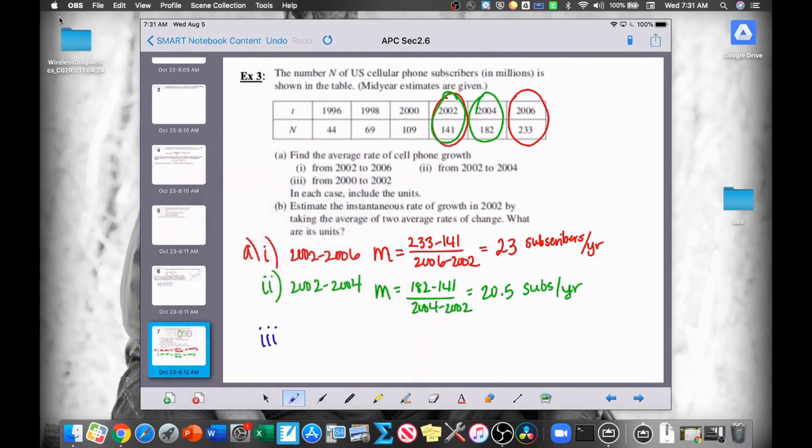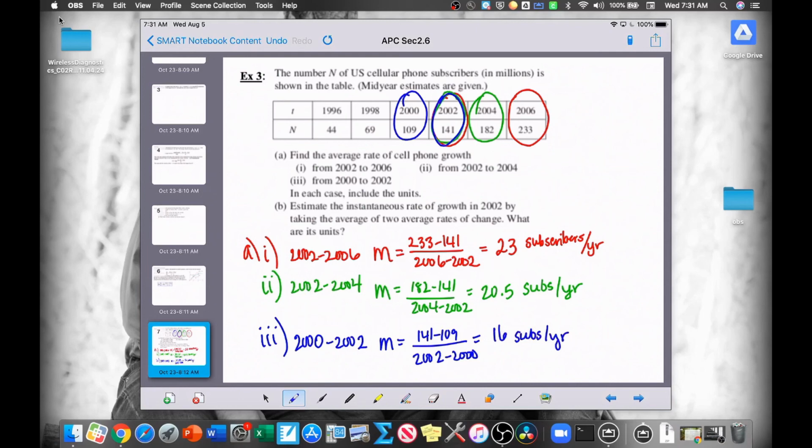And part 3 of letter A asks us to do 2000 to 2002. So these two ordered pairs. My last slope here is going to be 141 minus 109 divided by 2002 minus 2000, which gives me a slope of 16 subscribers per year.